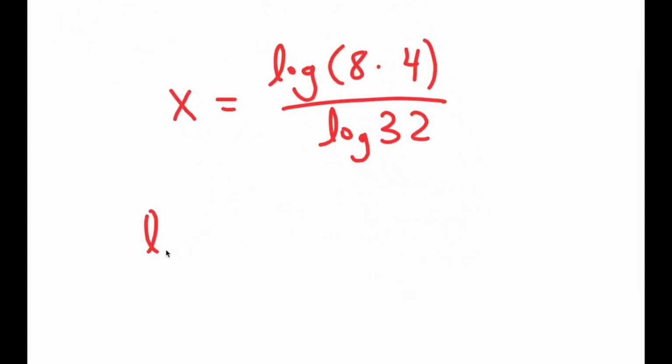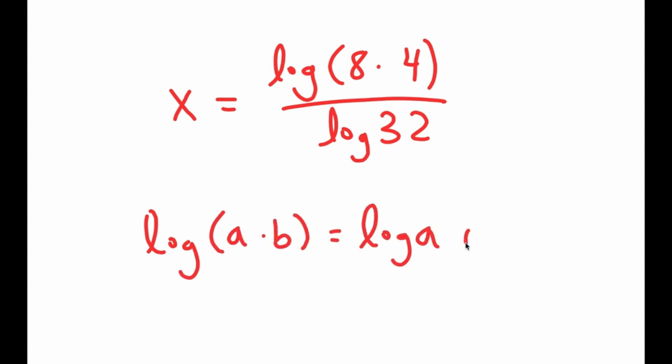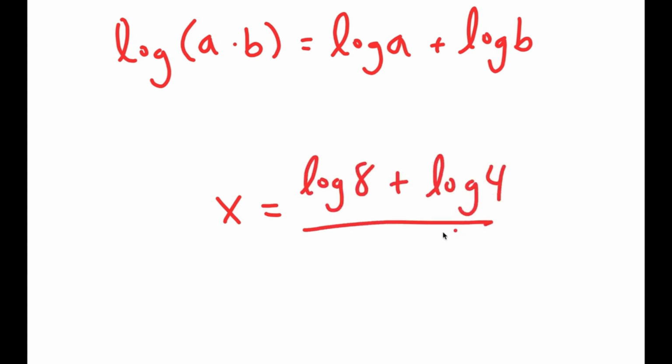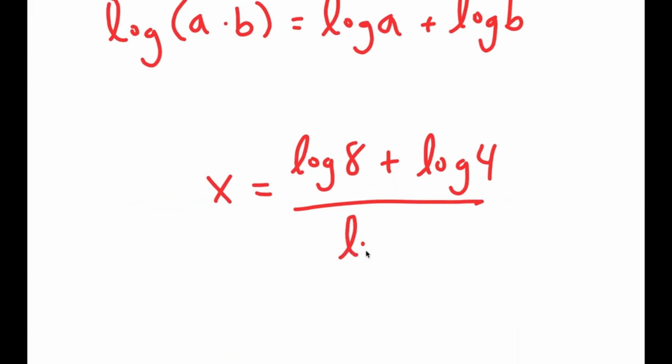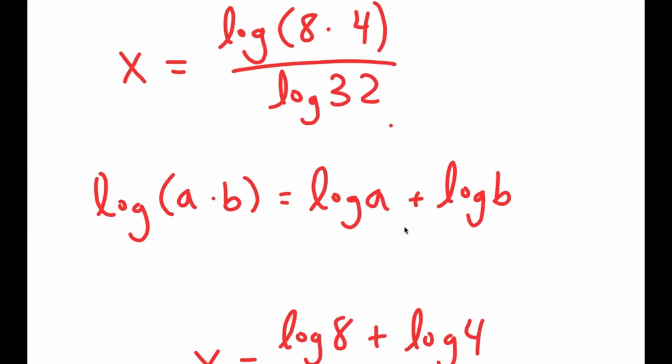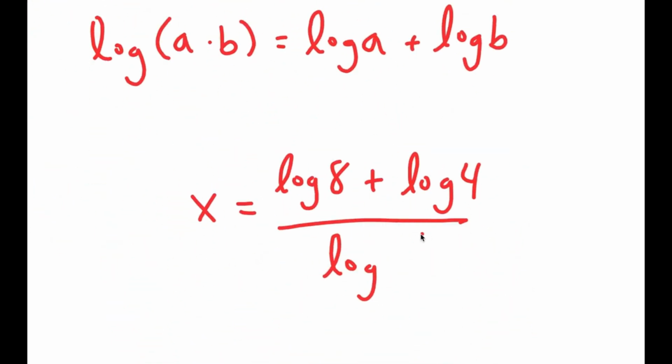And if I have something in the form log of a times b, this is equal to log a plus log b. So in this case, this is going to equal log of 8 plus log of 4, and I have this over log of 8.